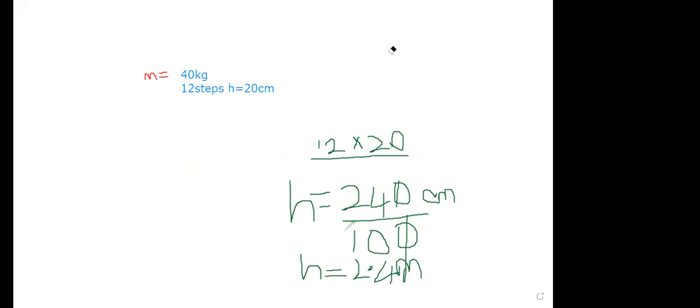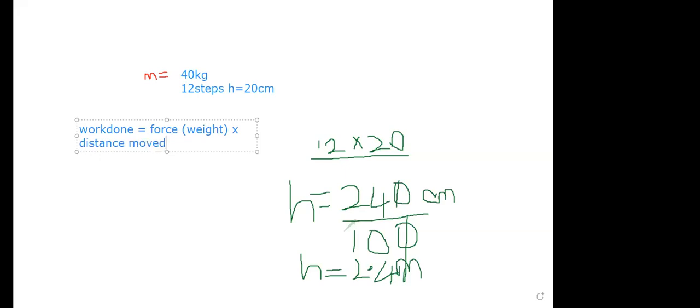If you remember what we studied during the first lesson, we said that we get work done from force or weight times the distance moved.